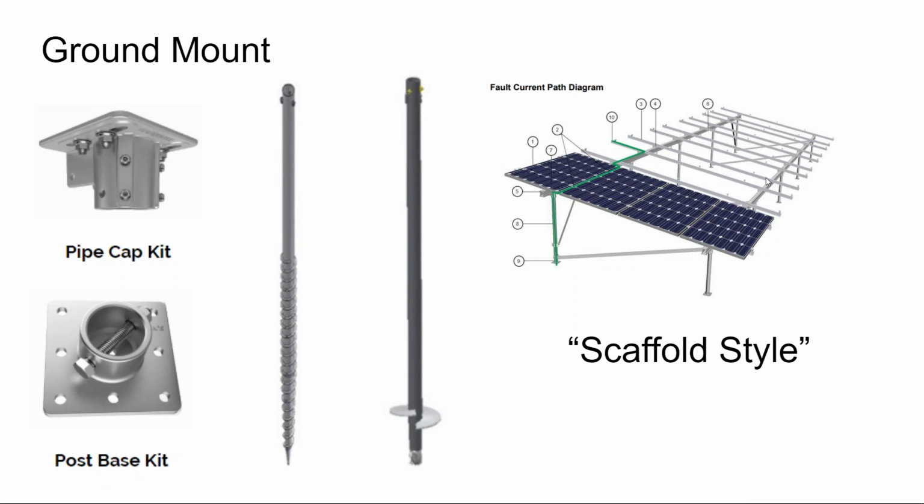Now for ground mounts, kind of the popular style is, I call it scaffold style or bleacher style, where you have 2 rows of posts and then some cross bracing in between them. I think that style, there's 2 reasons why I don't like it. One, I'm not a big fan of just giant solar arrays in terms of aesthetics.